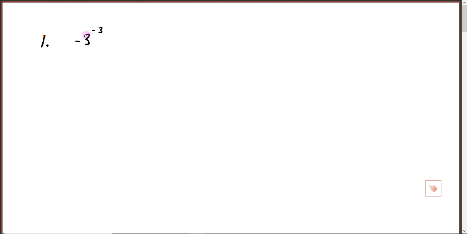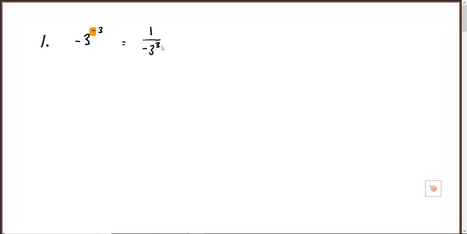Good. And what does a negative exponent tell us, Charlie? Okay, so what do we write instead? What is it? Well, it's 1 over -3 to the power of 3.